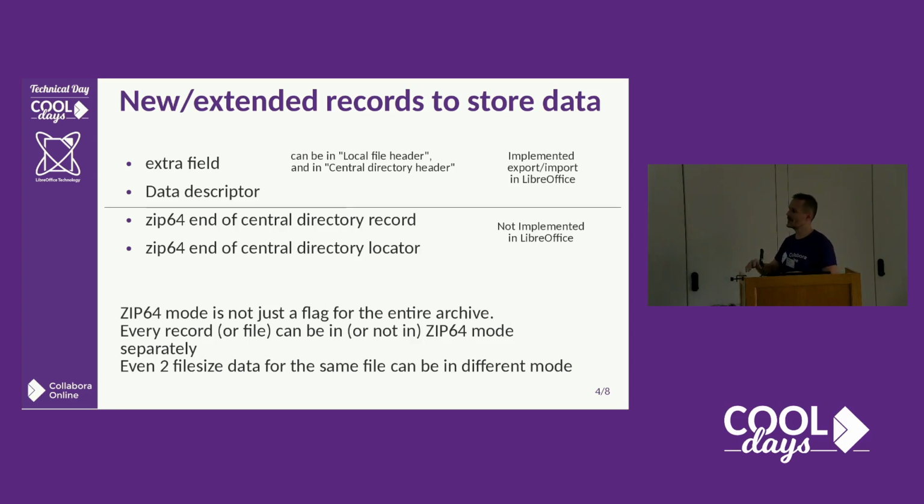It's even more extreme: one file size is stored multiple times in the zip archive, and you can store one of them in Zip64 mode and one of them in normal mode. It's still senseless, but the standard allows it.